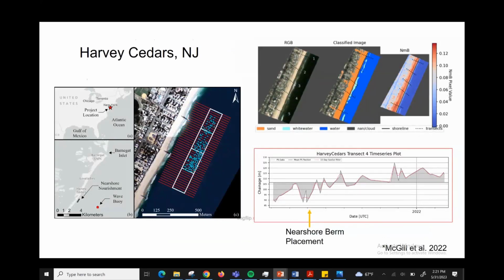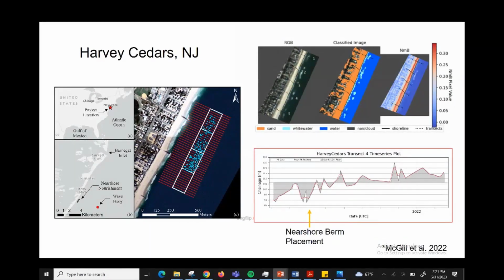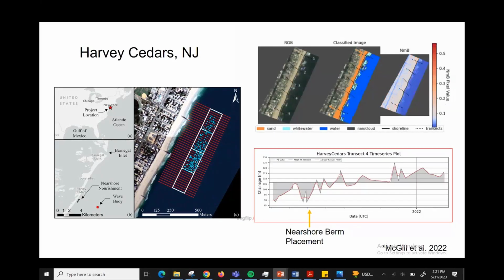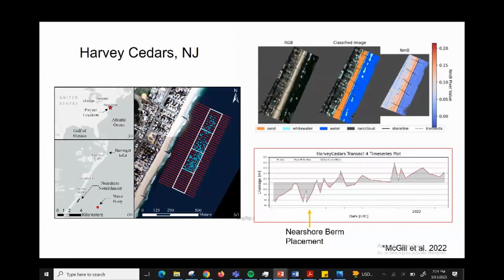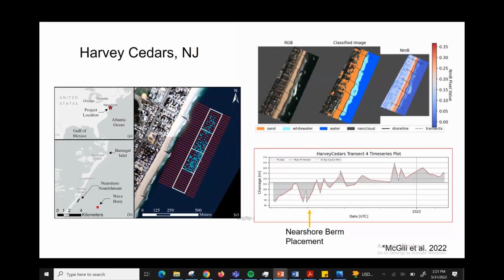In contrast, we can look at Harvey Cedars, New Jersey. This is the berm placement that I mentioned before. So on the left map, it's just going to orient you to where we are on the coast. There are some groins in this site, so that does impact the shoreline extraction method and also creates those embayments. But in the blue dots in that white square, that's where the berm was placed. In the top right, I'm showing you those same cycles of the shorelines that CoastSat PlanetScope derived for us.